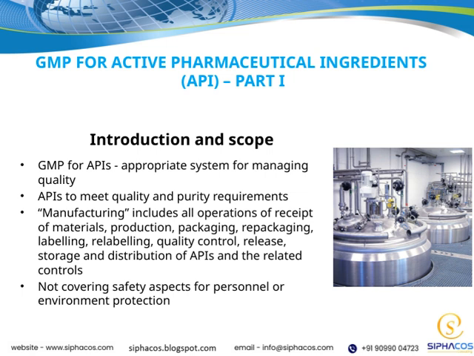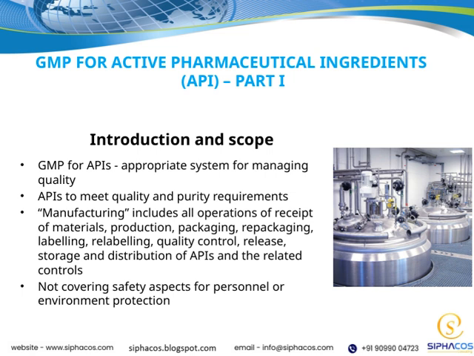When we talk about APIs, or active pharmaceutical ingredients, we're referring to all operations involved in their life cycle. This includes receiving raw materials, manufacturing processes, packaging, repackaging, labeling, relabeling, quality control, releasing the product, and finally storage and distribution. All these steps need to be carried out under strict controls to ensure quality.